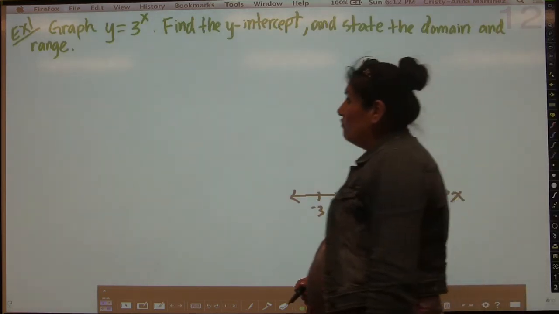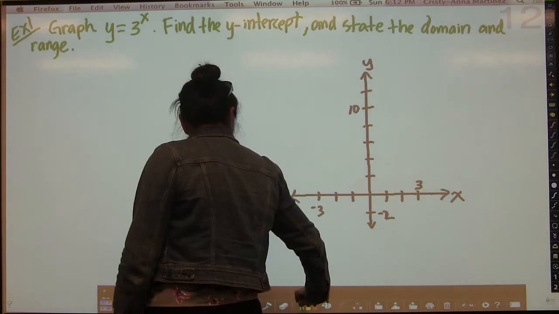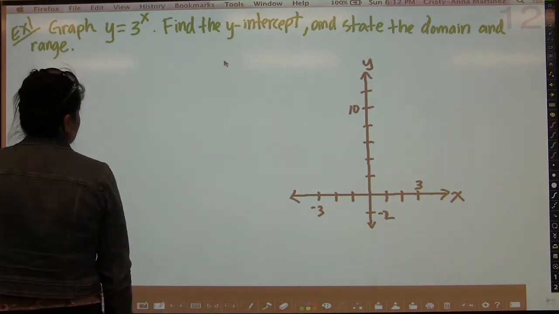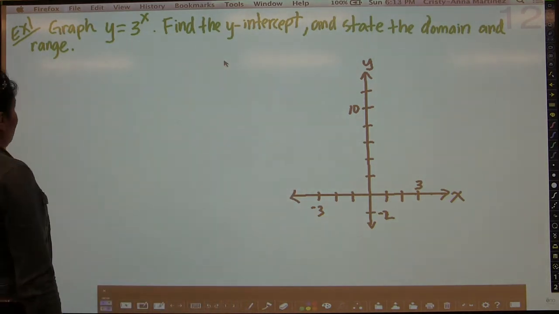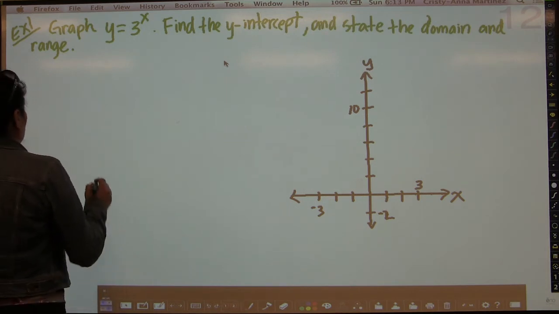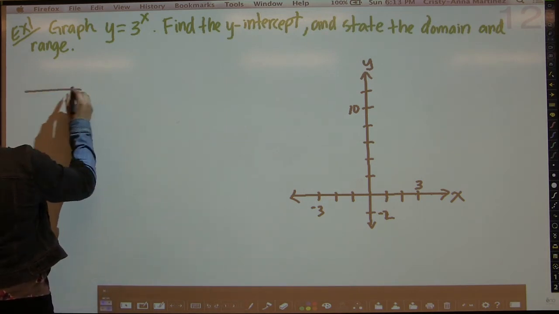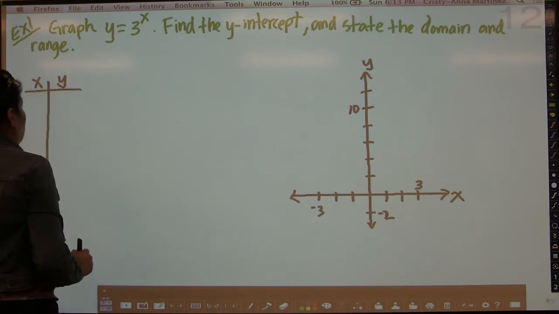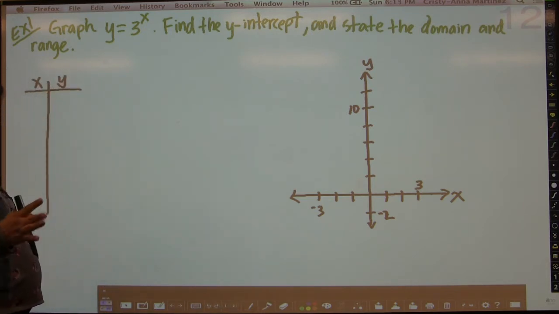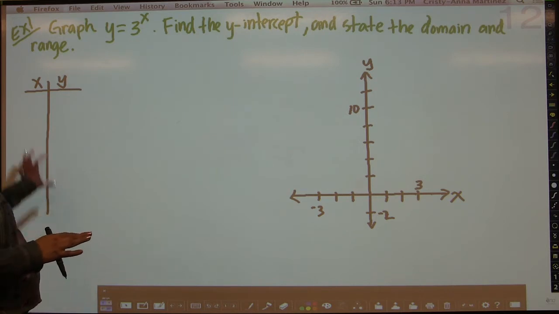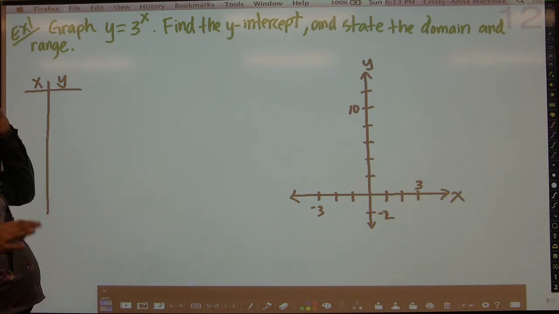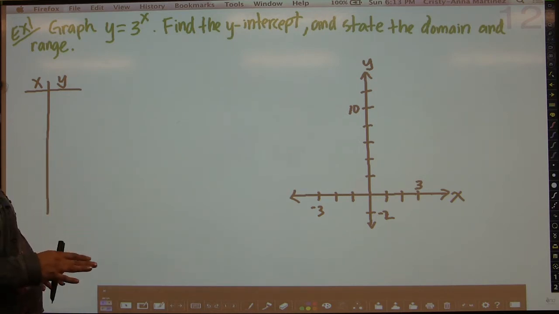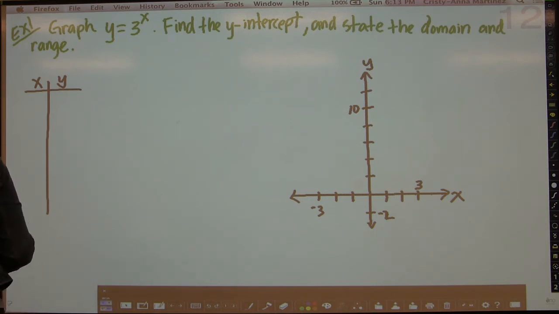So we're going to get busy with graphing. It says here, graph y equals 3 to the x. Find the y-intercept and state the domain and range. The first thing I'm going to do is make a t-table. Whenever you're going to start graphing a function that you've never seen before, the best thing you can do is make a t-table and then just pick values so that you can figure out what that function is going to look like.